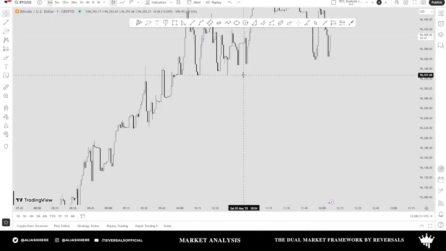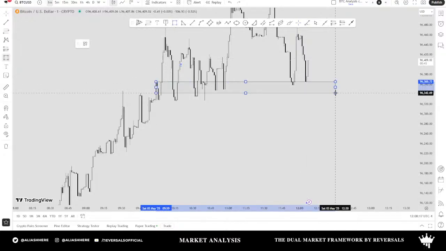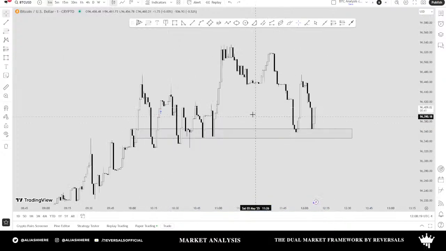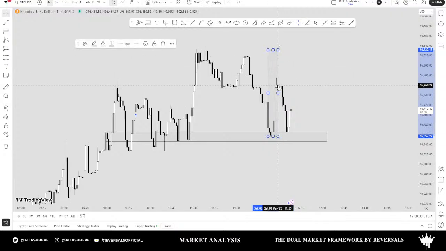Okay, so what do we have here? Okay, this is an order block. We are seeing the volume burst here, and I guess this volume burst was the half of this, I guess.